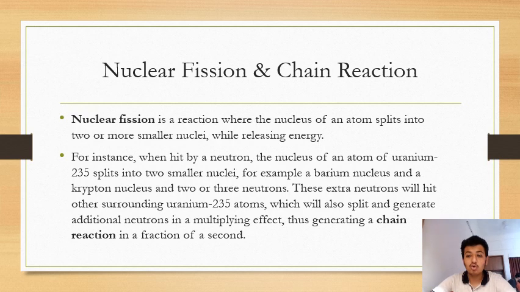These extra neutrons will hit other surrounding uranium 235 atoms, which also split and generate additional neutrons, and this process goes on continuously in a multiplying effect. This is generally called a chain reaction, and it takes just a fraction of a second for a chain reaction to happen. This process of nuclear fission releases a lot of energy.